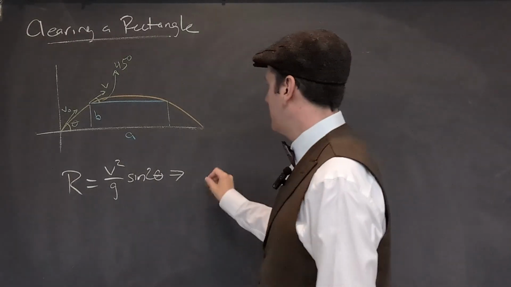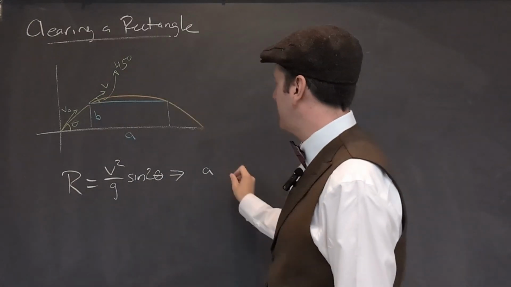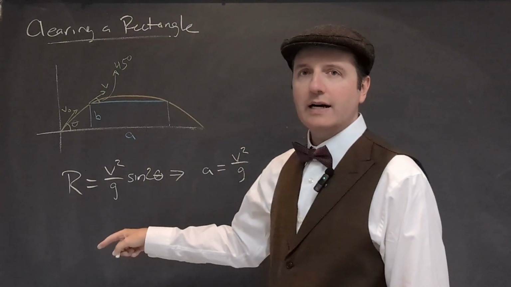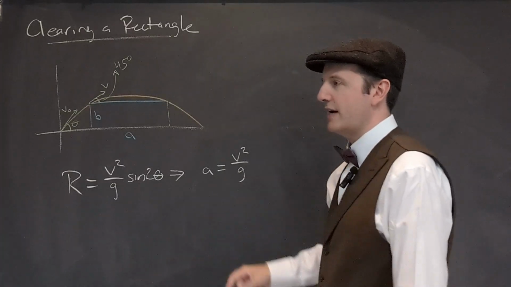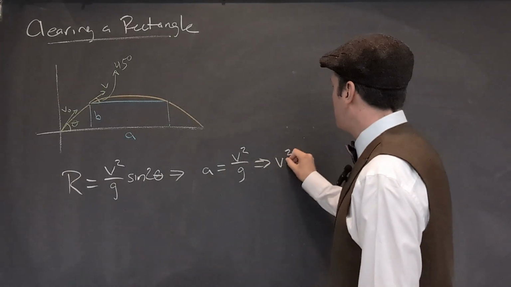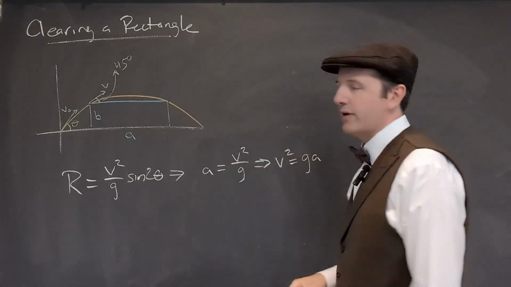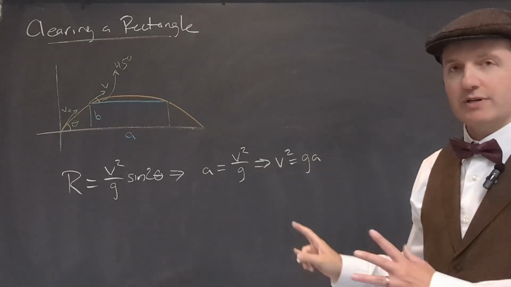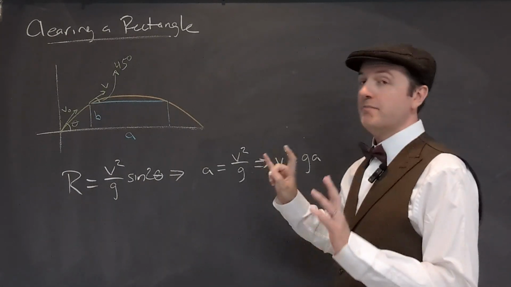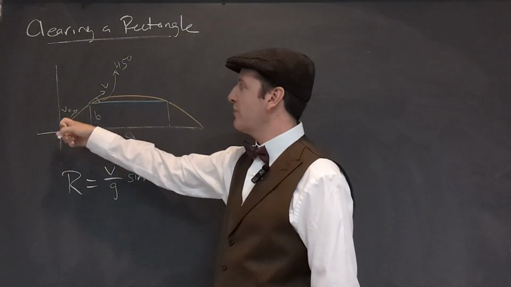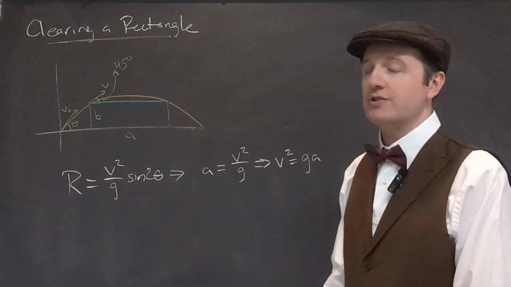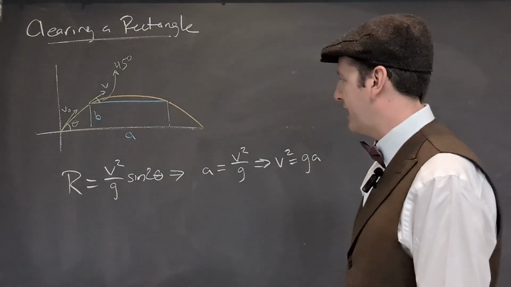And it also tells us that a, the width, should equal v squared over g times the sine of 2 times 45, but that's sine of 90, which is 1. So that instantly gives us that v squared is ga, or ag. Remember, a is not an acceleration here, it's the width. Now, that's not my final answer because that's the minimum speed at the corner, but I can quickly get what the minimum launch speed has to be by using conservation of energy, or even just 1D kinematics.